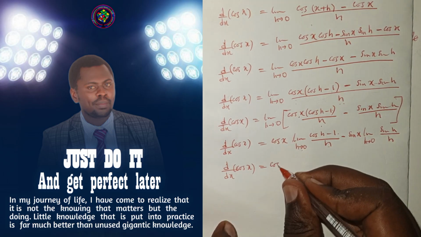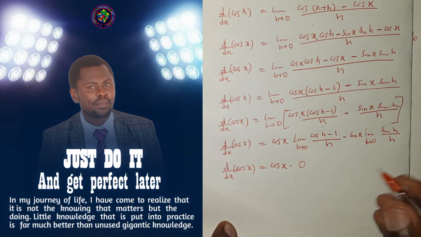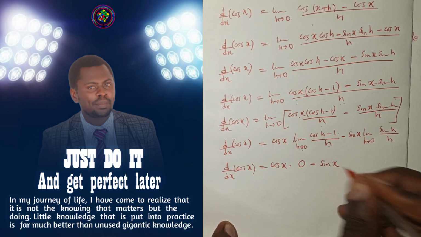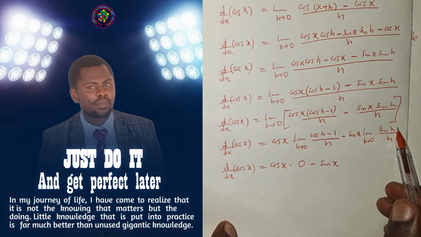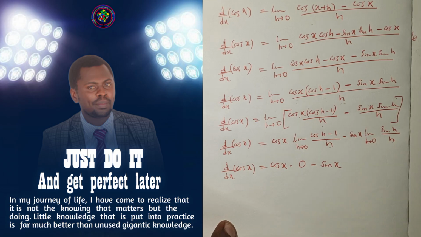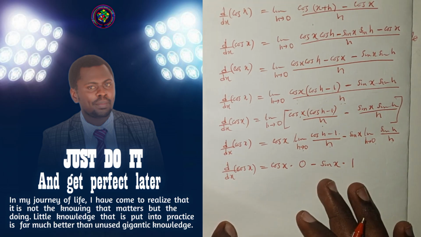So we are going to have cos x multiplied by 0, then minus sin x, then again the limit of sin h over h as h approaches 0 is 1, so multiplied by 1.